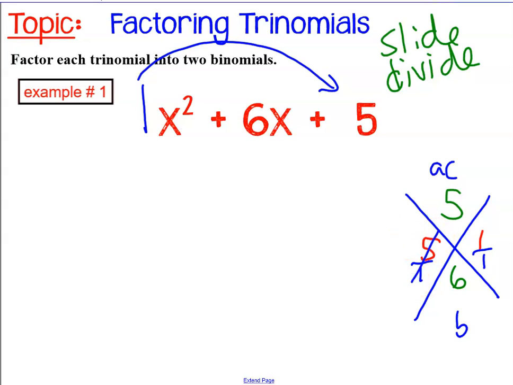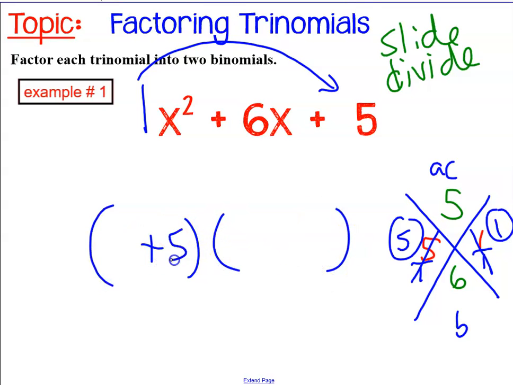So 5 divided by 1 is 5. 1 divided by 1 is 1. So our factors are positive 5 and positive 1. That's it. We're halfway done. The only thing we need to do is put our first terms in here. And that is always found by taking the square root of the first term. And it's x.